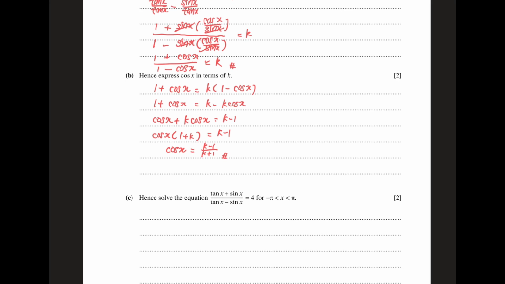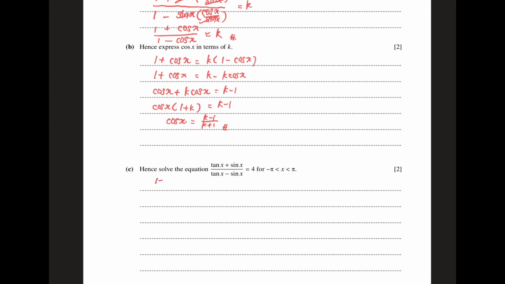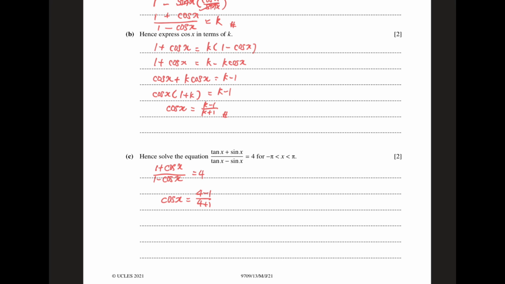So let's make the same thing happen here. (1 plus cos x) over (1 minus cos x) equal to 4. Based on this result, we also simplified cos x equal to (k minus 1) over (k plus 1). For our case, k is 4. So (4 minus 1) over (4 plus 1). So we simplified it to this form already.